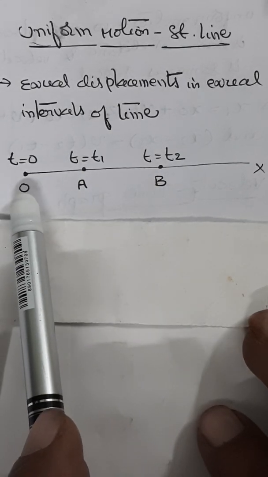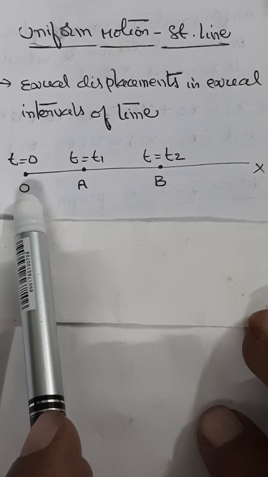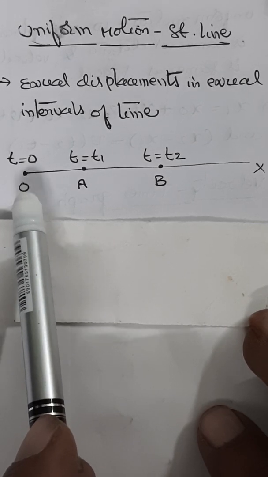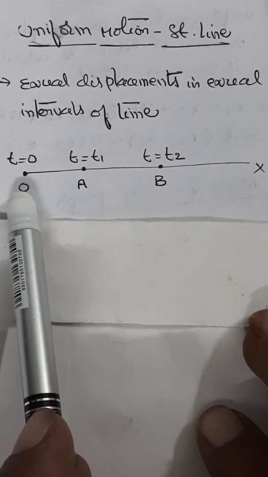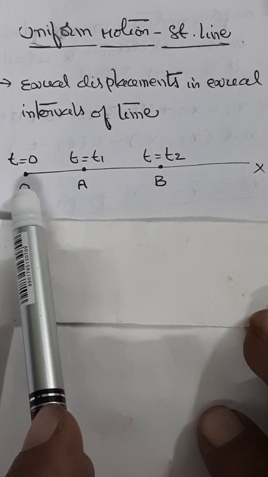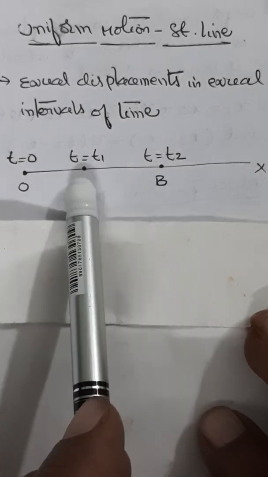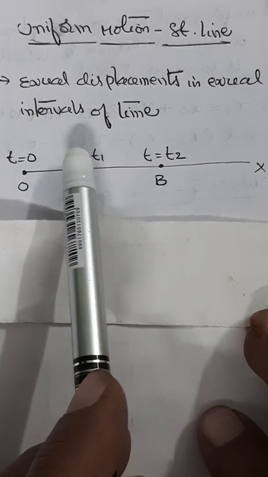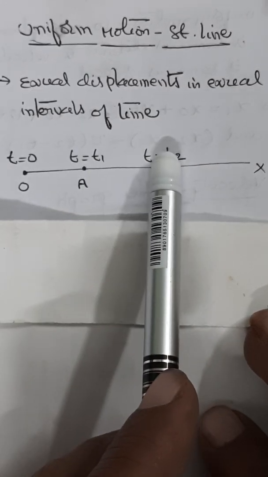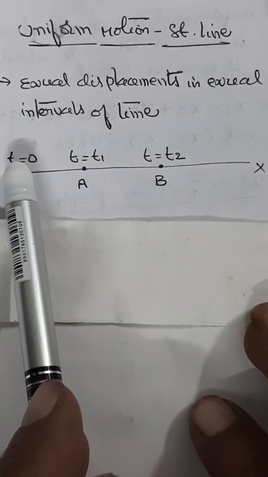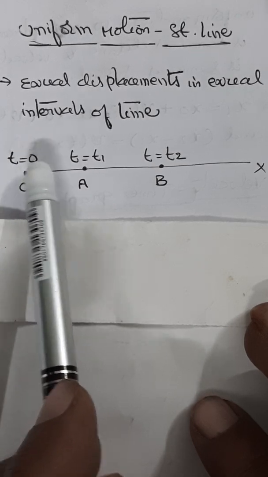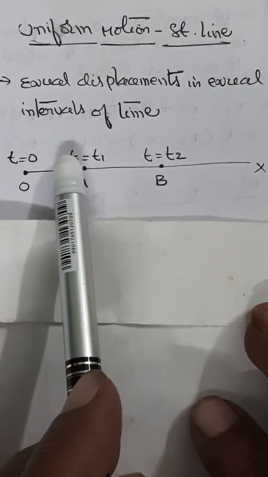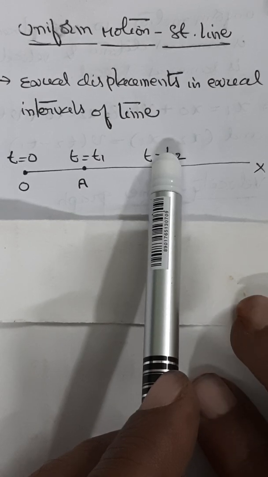Let O be the origin for the position measurement. Let the time be measured from the instant the object is at O. Let A and B be the positions of the object at instants of time t1 and t2. O is the origin at time instant 0. A and B are positions at time instants t1 and t2 respectively.